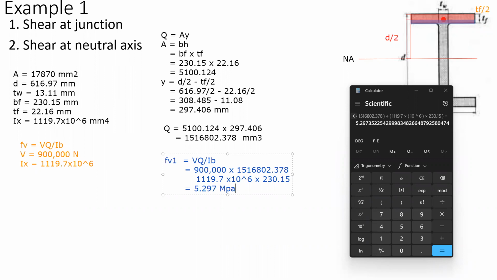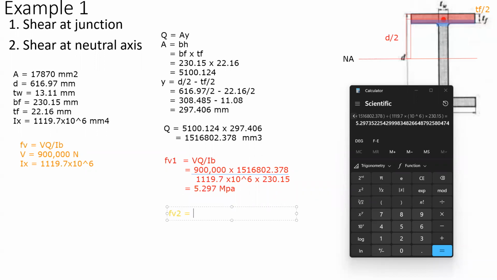And then let's solve for the other junction, this second one. What will change here is the value of our base. So instead of this long one, the base we will use would be this small one over here. So let's write that down. Let me change the colors.